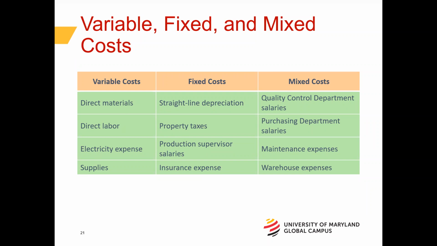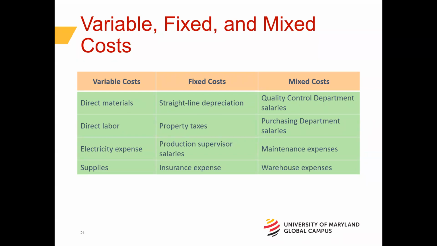And then we have mixed costs. These are variable and fixed costs combined, right? Quality control department salaries. A quality control department are the individuals that check for quality, right? What they do, and it's actually a pretty cool job, I think it's pretty cool, is they will take a completed unit and totally disassemble it and then reassemble it.